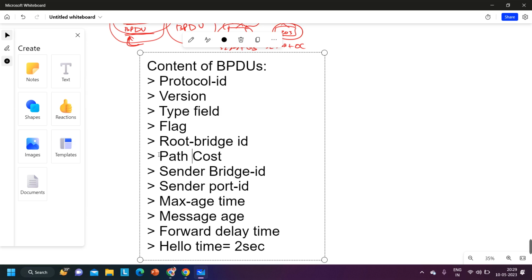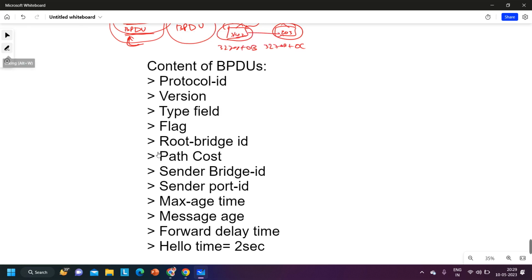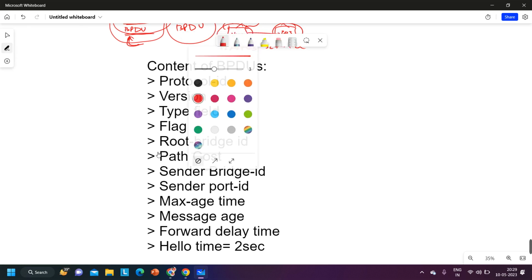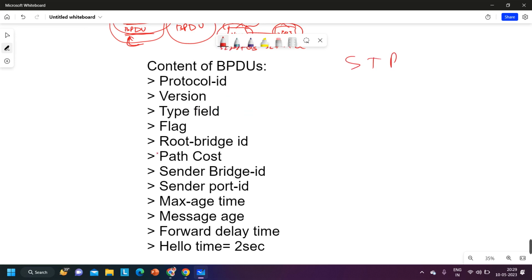Done. Now understand STP ports, then again I will come back to BPDU. STP port ID. What is the STP port ID, guys? The STP port ID is a combination of two things.